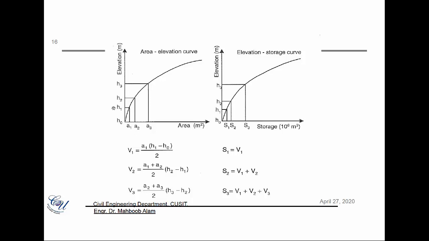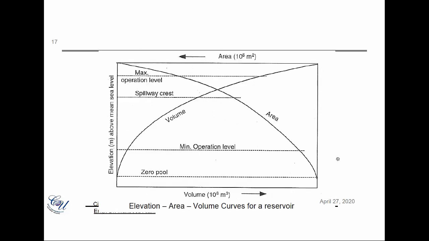We look at the heights here, h1 and h2, we take the average of it, and we multiply the height with the area to get the volume. Fine. So ultimately we have these two kind of relationship where we associate the storage and the area with the depth of water, so that ultimately we can operate our reservoir.